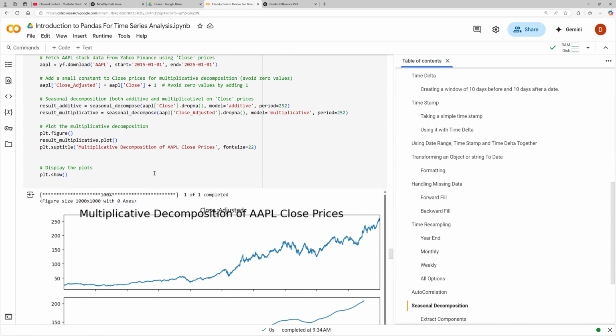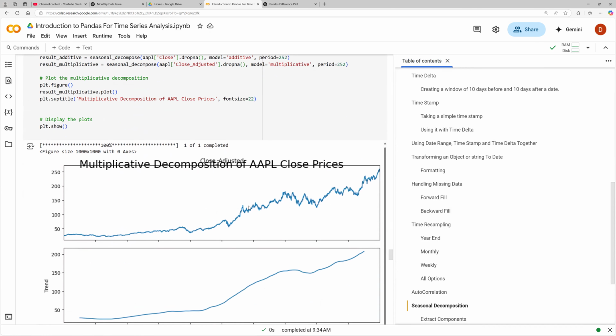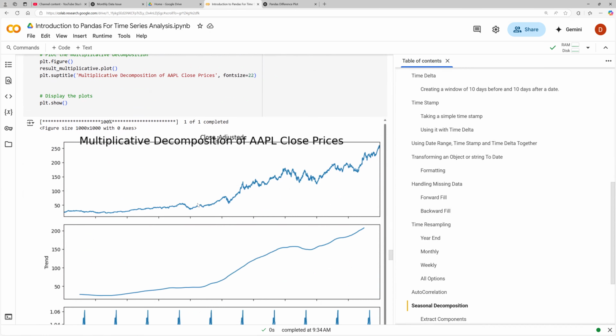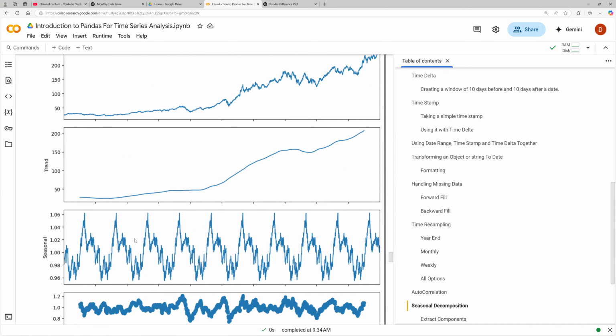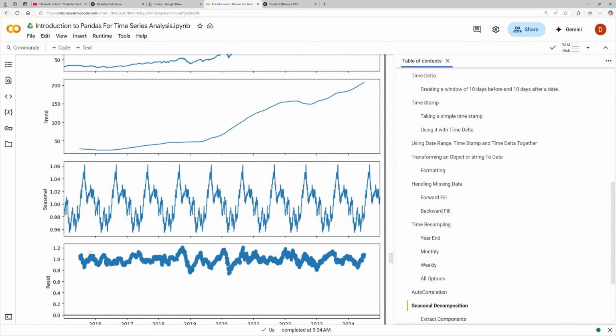So if I look at Apple, we could see that this is the actual values, we're extracting the trend, and this is the seasonal value, and this is the residual. When we look at the residuals, we could see that they're bounded. I was showing this earlier with the idea of stationarity, but we could see that they're bounded, meaning it doesn't wander far off.